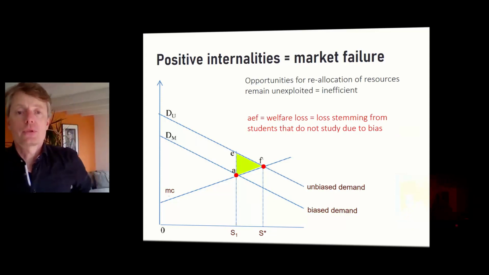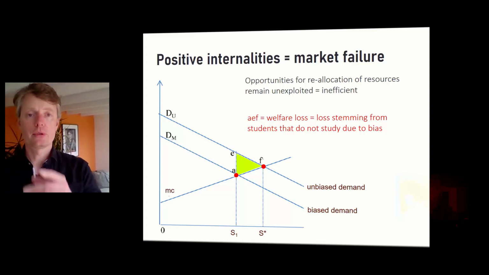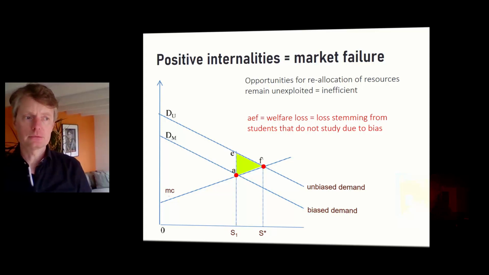And this is obviously inefficient, so we would like to be at S star, where at F the unbiased demand curve crosses the marginal cost curve, but we are at S1, where the unbiased demand curve is at E. And if we take the unbiased demand curve as our starting point for our welfare analysis, as we should, because welfare is affected by what we really want, right?